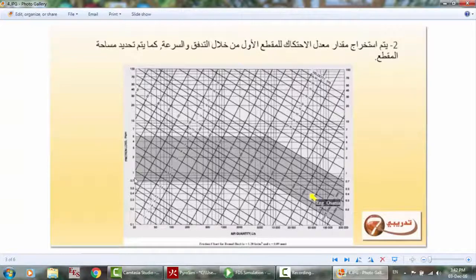Then at this point you can get the diameter. Where is the diameter? It is 0.8, and the diameter will be this, okay. This here is the cross section.